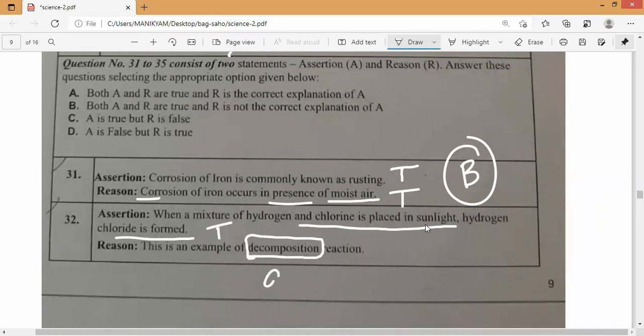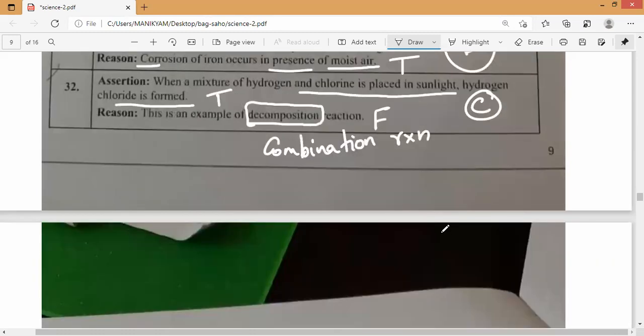It is an example of a combination reaction. So the assertion is true and the reason is false. Which option is correct? Option C. Understand, Padmarshini?